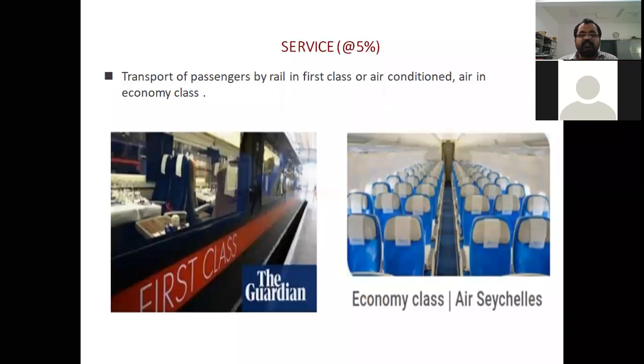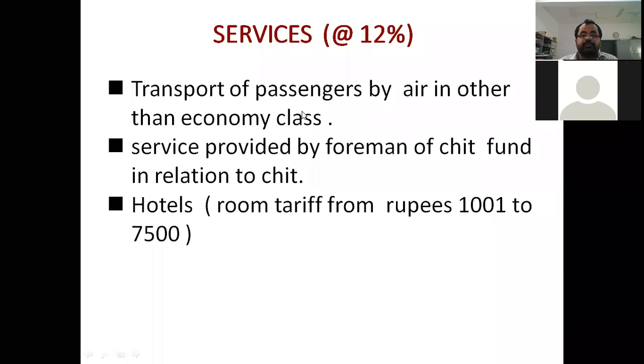Then let us move on to services at the 5% GST rate. Transport of passengers by rail in first class or air-conditioned, or by air in economy class. These are some examples of services at 5%. Then services at 12%: transport of passengers by air in other than economy class. In air transportation, we have two types, economy class and business class.